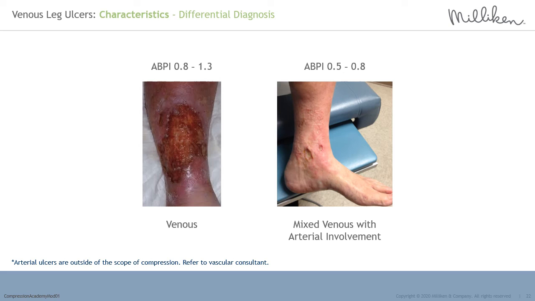And those with an ankle brachial pressure index greater than 0.5 to less than or equal to 0.8 are mixed venous. These have an underlying mild to moderate arterial involvement and are suitable for light compression, 20 to 30 millimeters of mercury pressure. Arterial leg ulcers are outside of the scope of therapeutic compression and must be referred for vascular assessment and management.